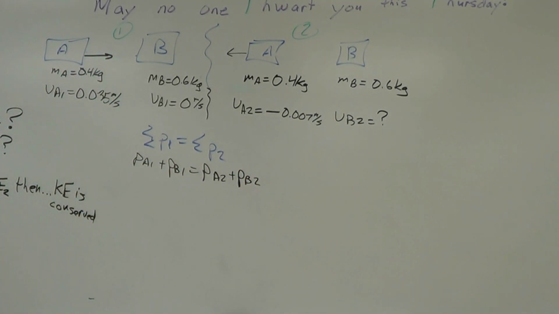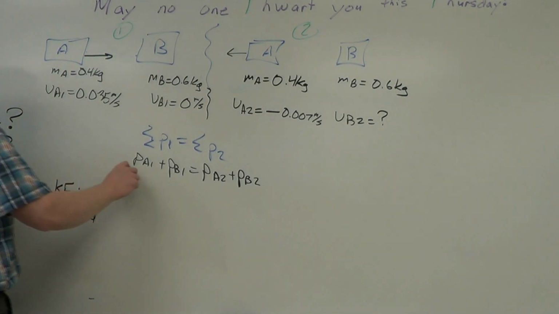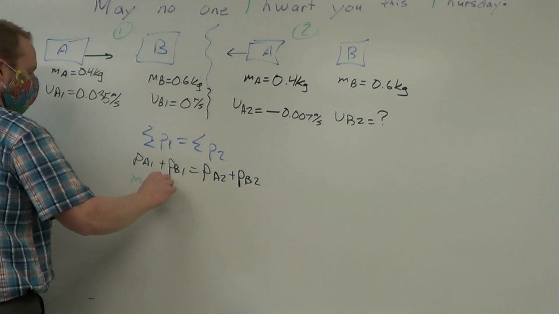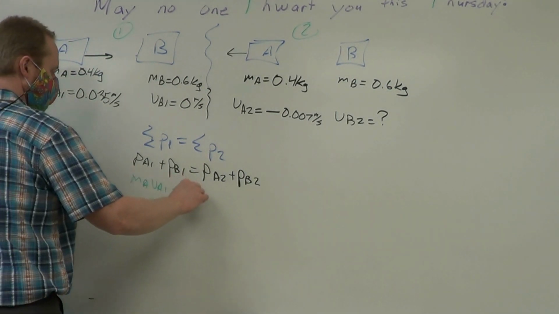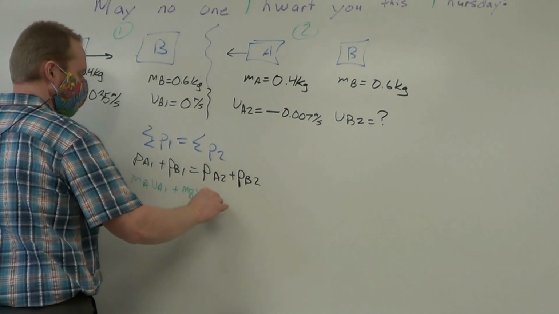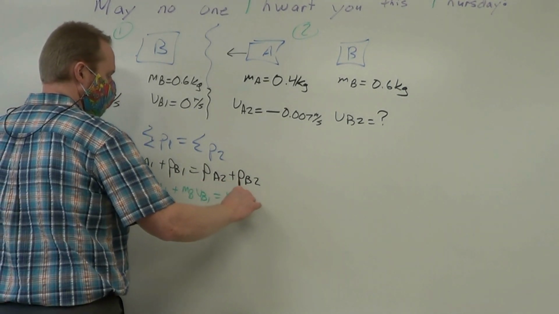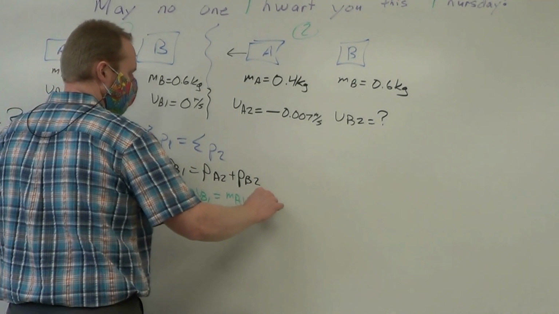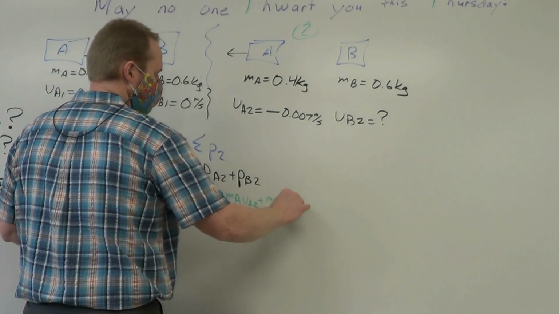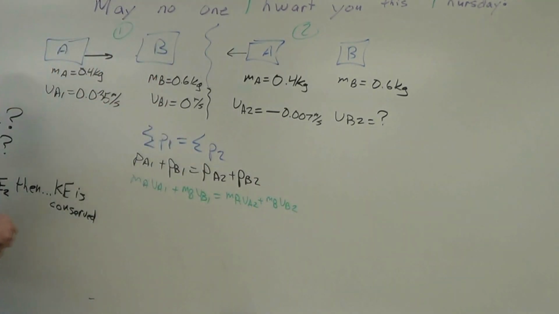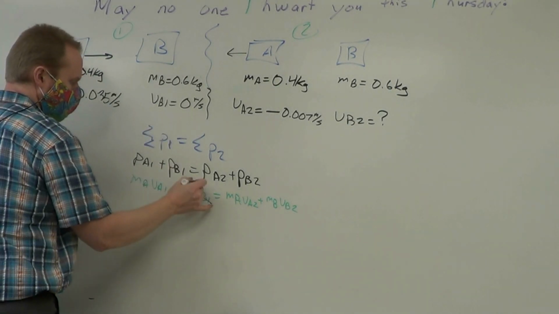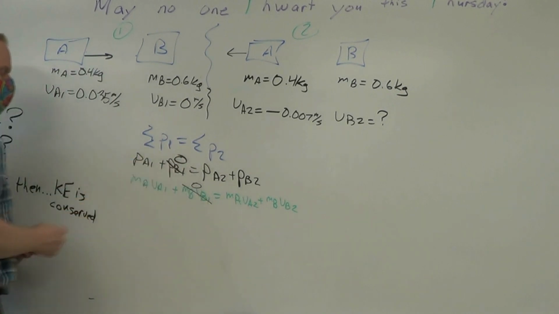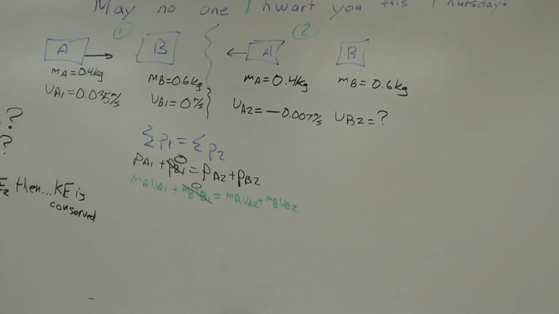In order to calculate momentum, we take mass times velocity, plus mass times velocity. The VB1 is 0, so the object B doesn't have any momentum to start with.